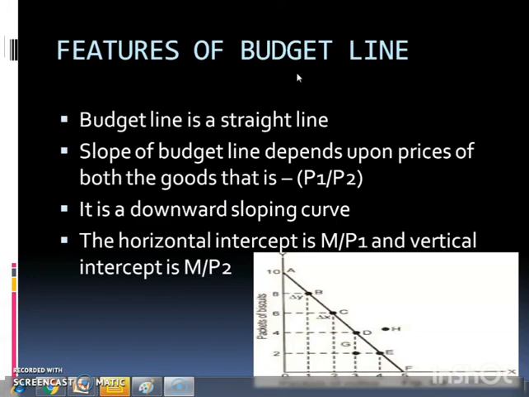Budget constraint refers to the situation where expenditure on good 1 and expenditure on good 2 by the consumer should not be more than the income of the consumer. And at last, the budget line represents the different bundles that the consumer can purchase spending his entire money income at given prices.